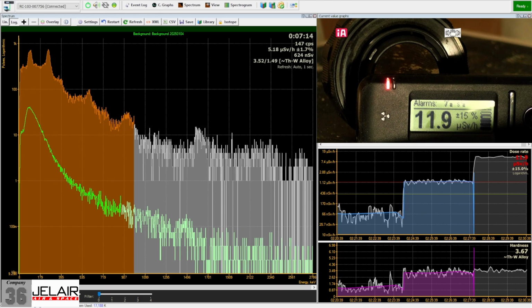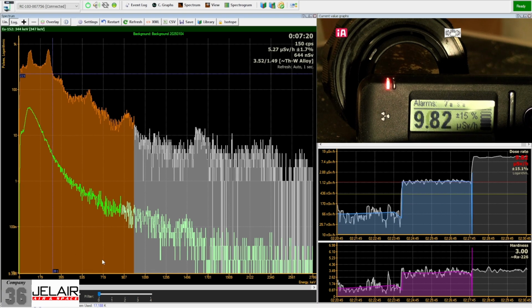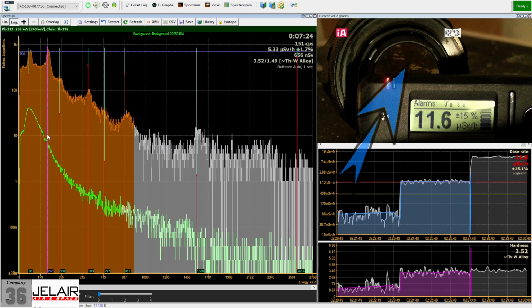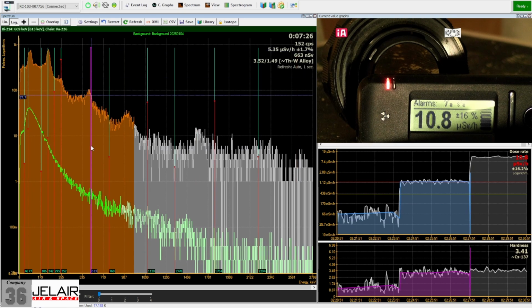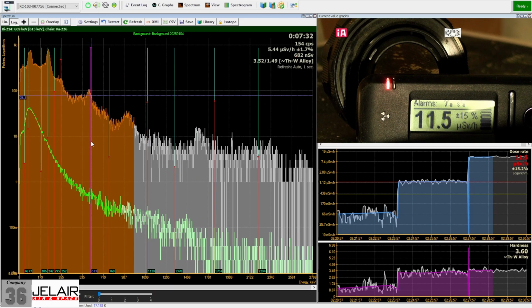As you can see, we get all the way up to 13 microsieverts, almost 14 microsieverts per hour. And this is the rear element. So this is the part of the lens that would point into the camera towards your head when you were taking pictures with it.